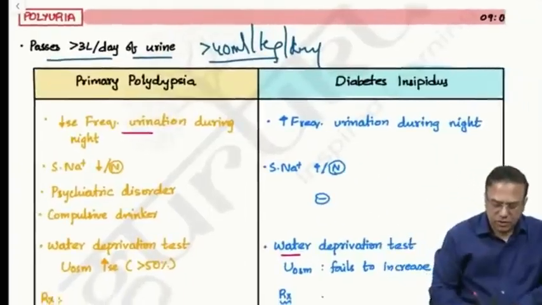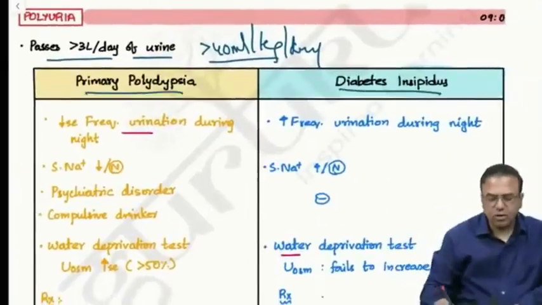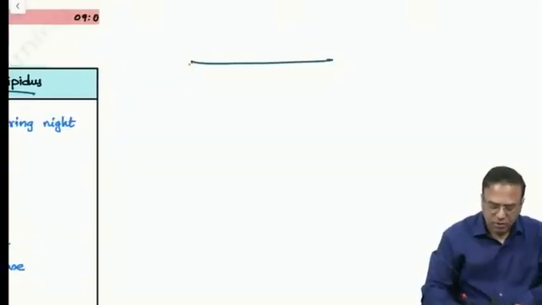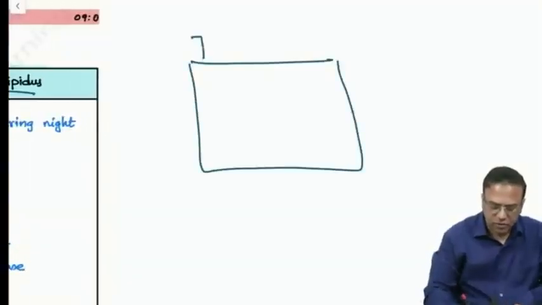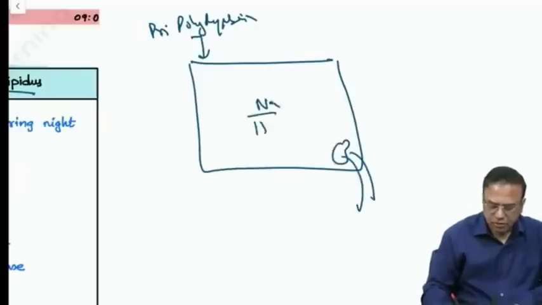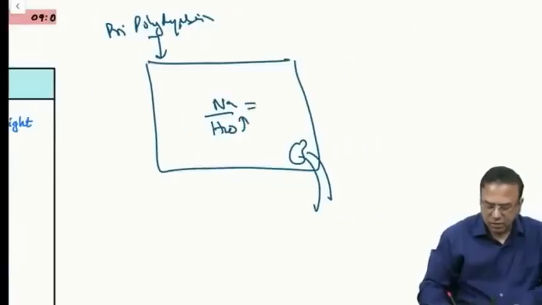The two major conditions are either the person is drinking too much water or has diabetes insipidus. So look at the basic concept here. If somebody is forcibly drinking too much water, this is called primary polydipsia. It will dilute the plasma first and then dilute the urine.